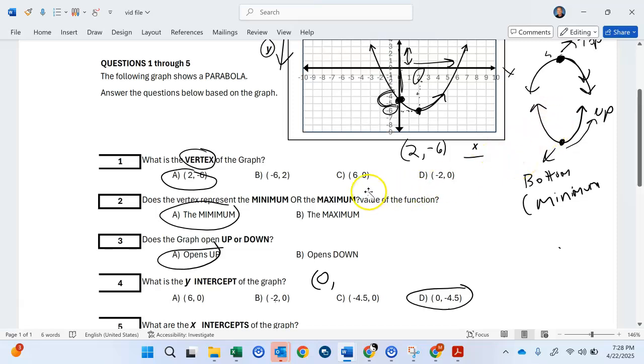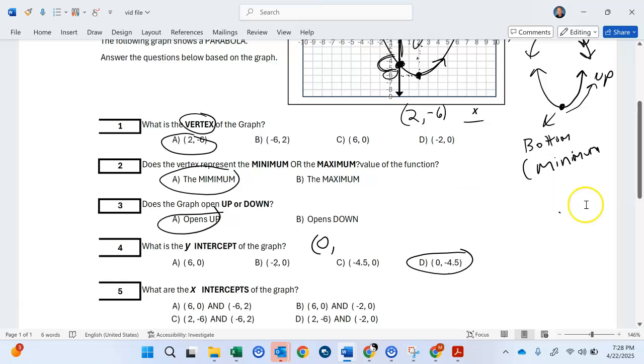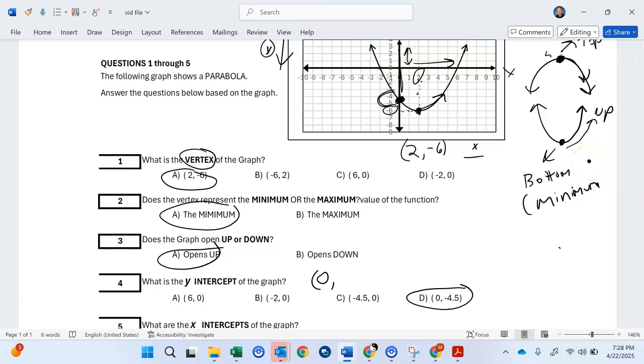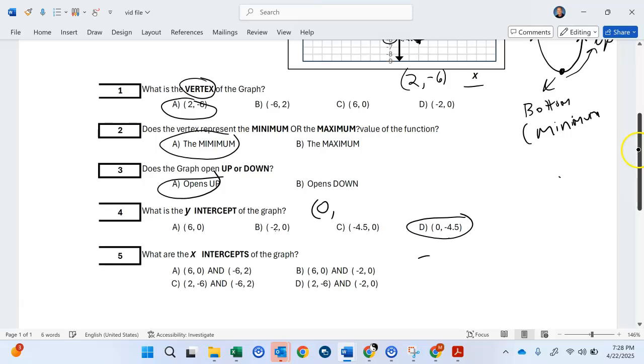Okay. The next thing, what are the x-intercepts? The x-intercepts are where the graph crosses the x-axis. So there's one right there and one right there. Now, it's going to be the coordinate point, right? So these values of y are always 0, but the x for the first one is -2, so -2, 0.